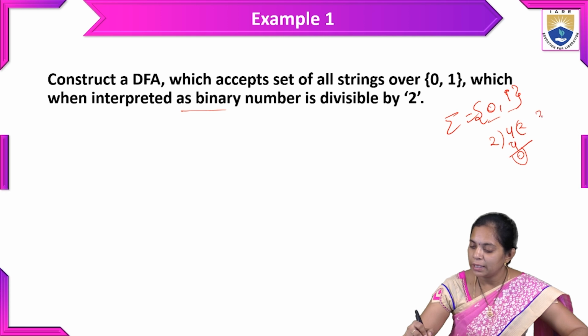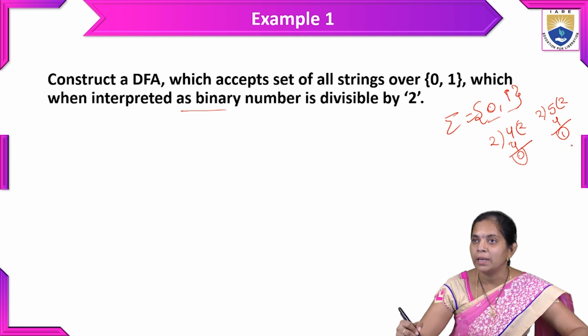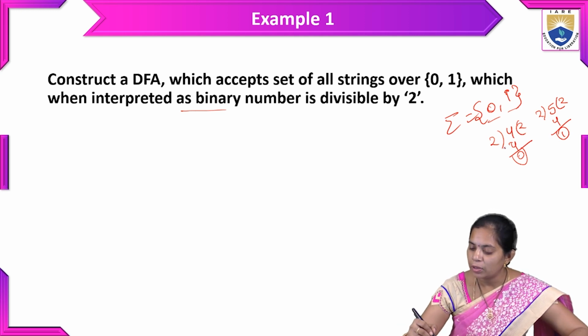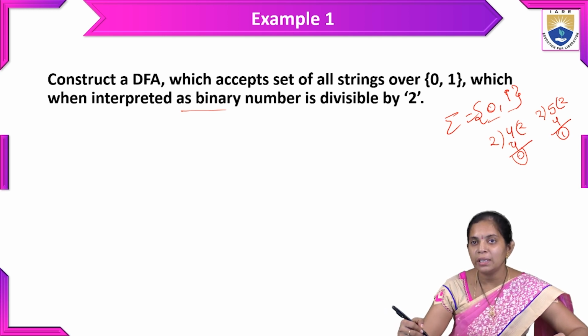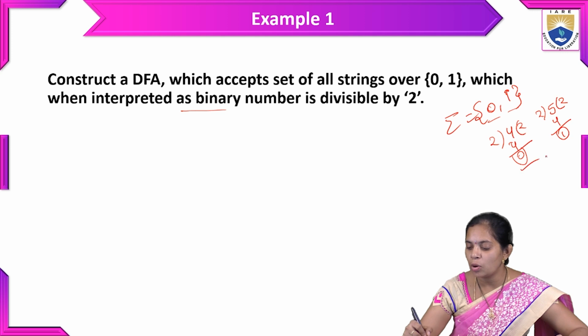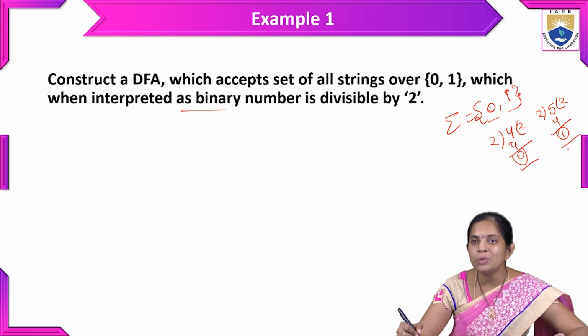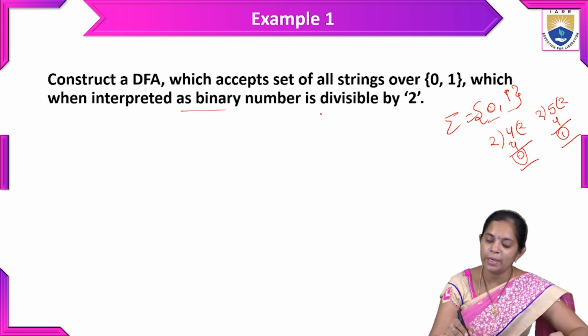If you take another integer, 5, and divide by 2, we get 1 as a remainder. So whatever number we take, when divided by 2 the remainder is either 0 or 1. So these are the two states. By seeing this, two states are required for divisibility by 2.